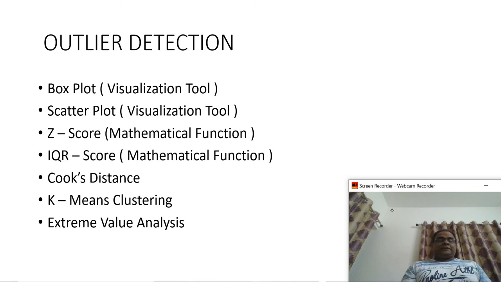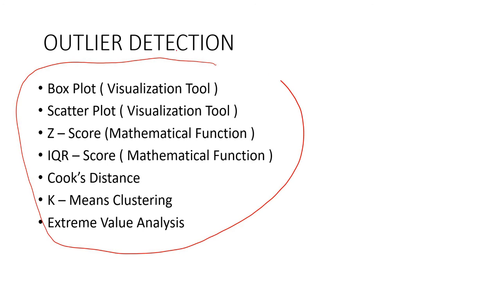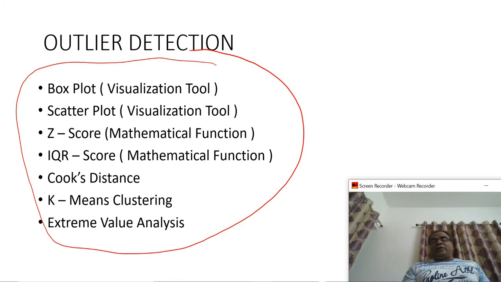One is the box plot, which is a visualization tool. Scatter plot is also a visualization tool. Z score is a mathematical function. IQR score is also a mathematical function. Then Cook's distance, k-means clustering, which is an algorithm, and extreme value analysis. These are all the methods we use for outlier detection.